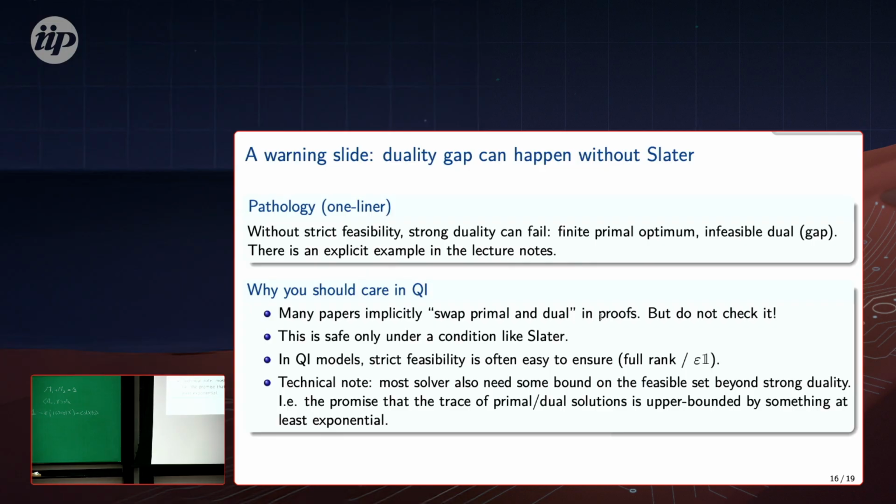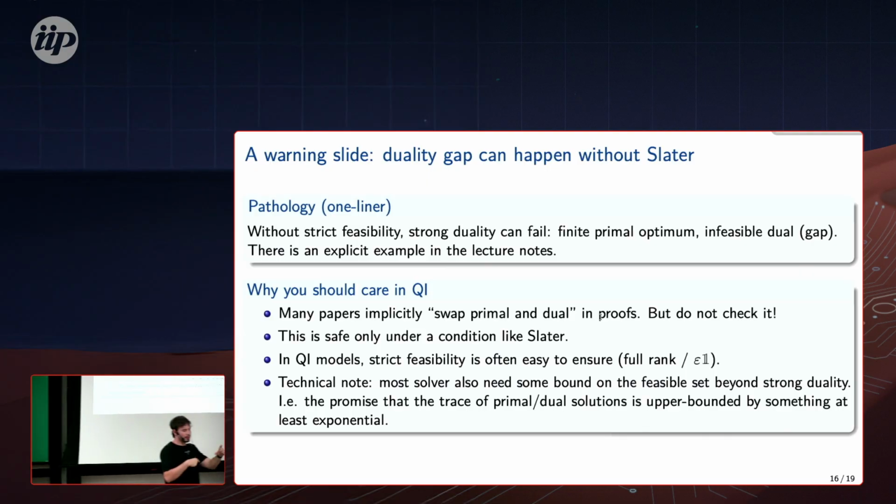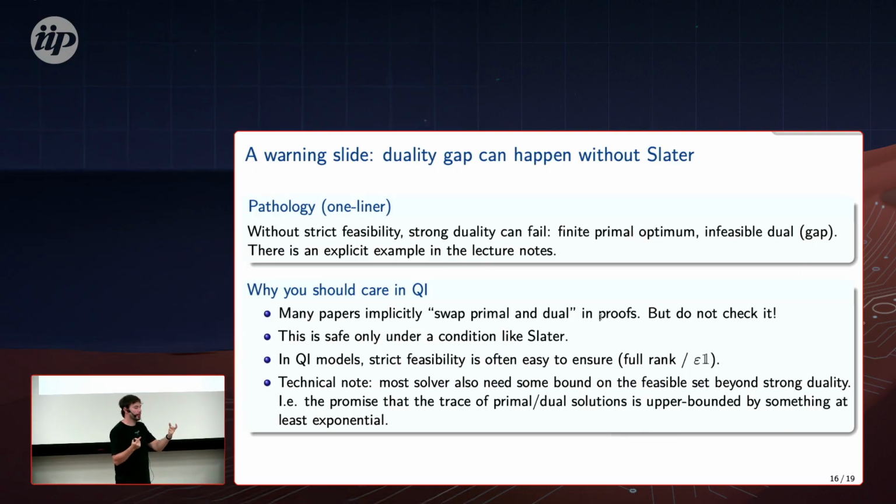I will complain less about this than the Slater condition, because in quantum information theory this is usually not a problem. Again, we're usually optimizing over the set of states or the set of, let's say, POVMs. And the set of states already tells you that the radius of that set is 1. So that will not be really a problem.